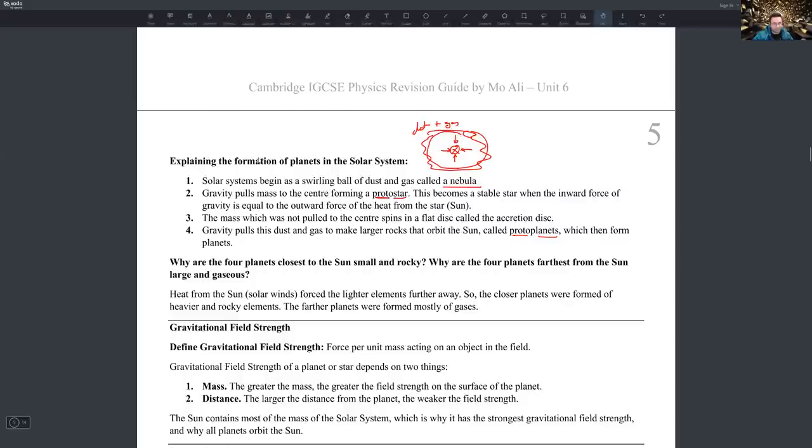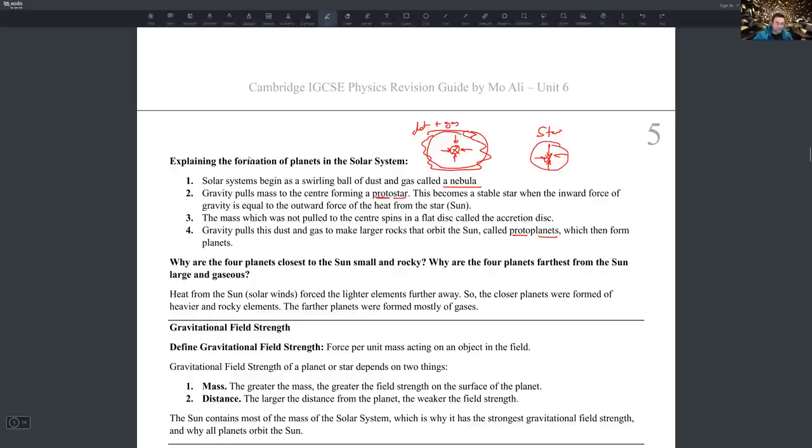So the gravity, and this is inside the star, pulls the gas in, which causes a lot of friction and collisions between the hydrogen, and it undergoes nuclear fusion. Remember unit 5? Hydrogen fuses and becomes helium. So that's nuclear fusion. Now you have a star.